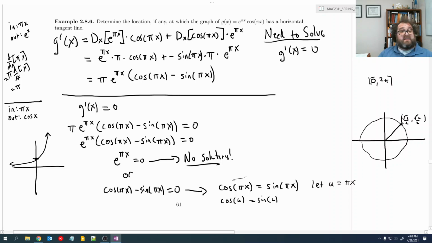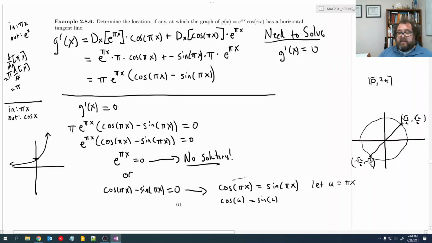You know, the cosines, the x value, the sines, the y value. In other words, they're equal. Likewise, at this angle over here, that point has coordinates negative root 2 over 2, comma negative root 2 over 2. In other words, they're equal.